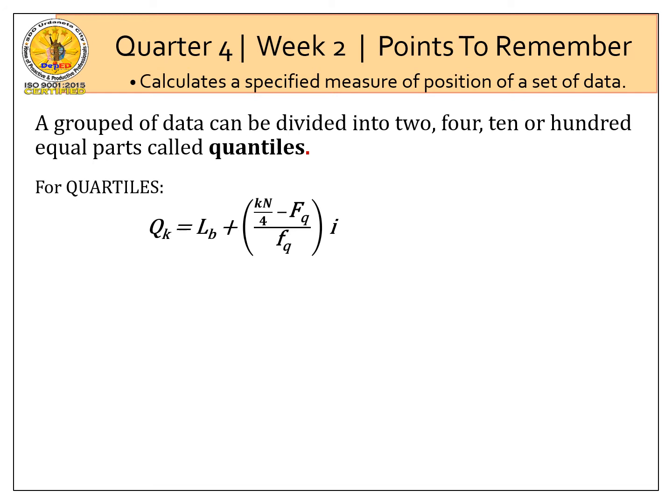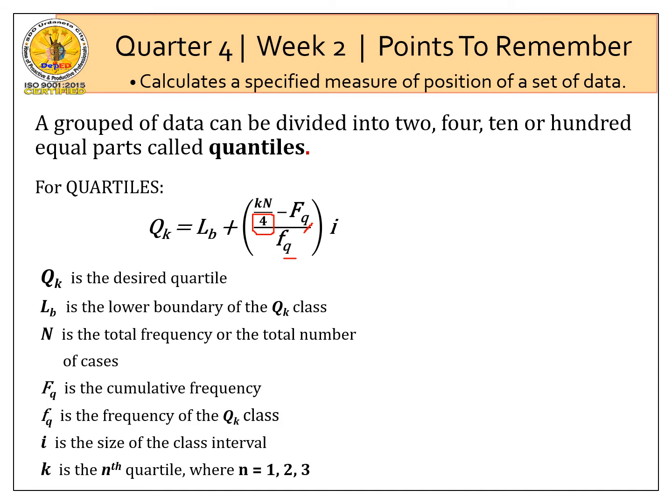Q sub k is equal to L sub b plus quantity k times n over 4 minus capital F sub q divided by small f sub q times I. Since quartile is divided into 4 equal parts, so we divide k times n by 4. And we use q just to emphasize that we are solving for quartile.